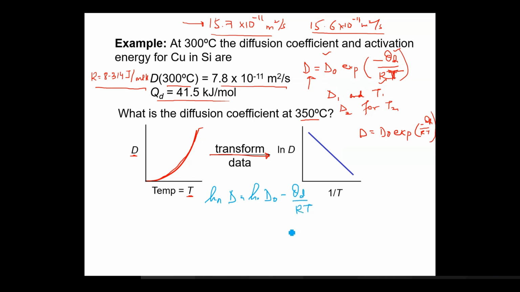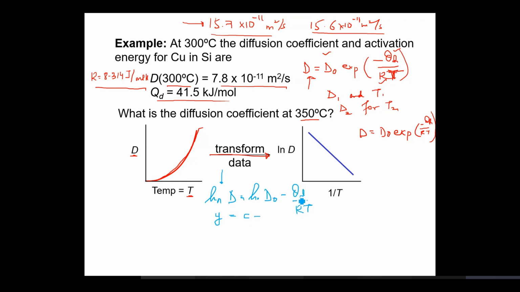Correct? Is it understood? Yes, sir. All right. Now, ln D is a variable which we can replace with y. Natural log of D naught is a constant, so let's represent it with c.